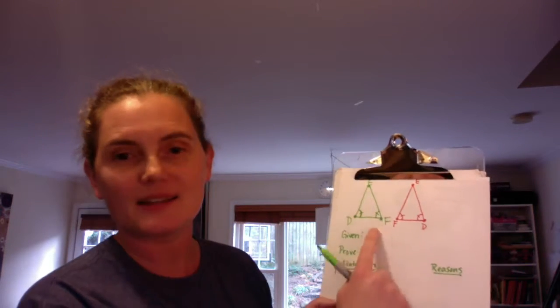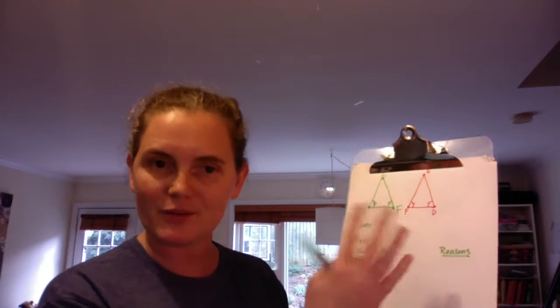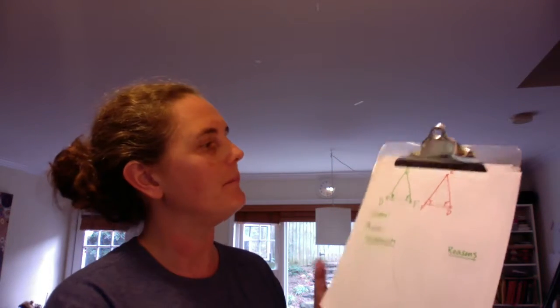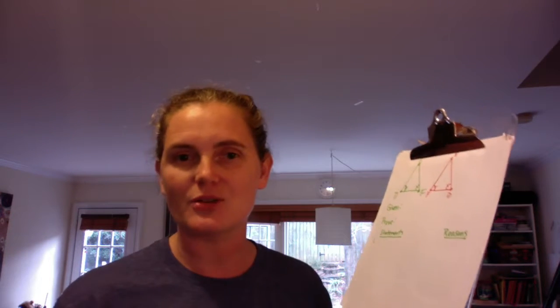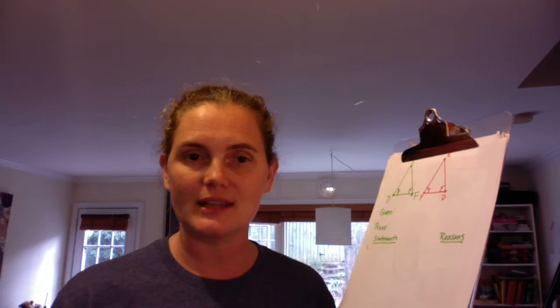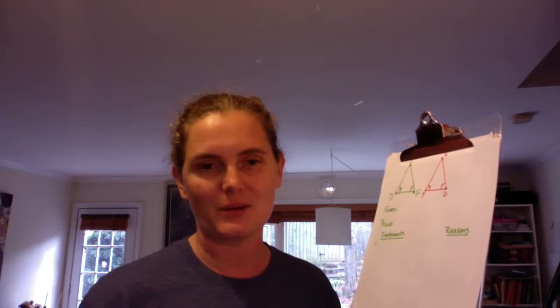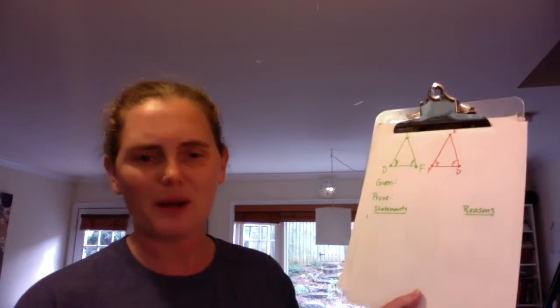I created this ghost triangle. It's the same one, just the looking glass version of the triangle. It's a pretty handy dandy technique, because we know all of these ways to show two different triangles are congruent. If we can use those, then we'll be able to show that the other parts are equal, which is convenient.